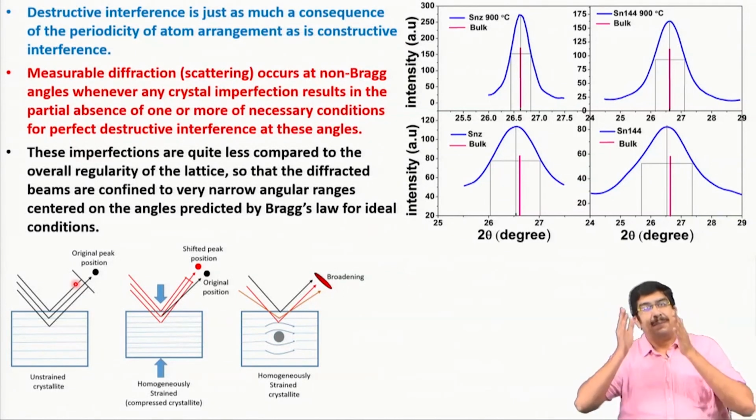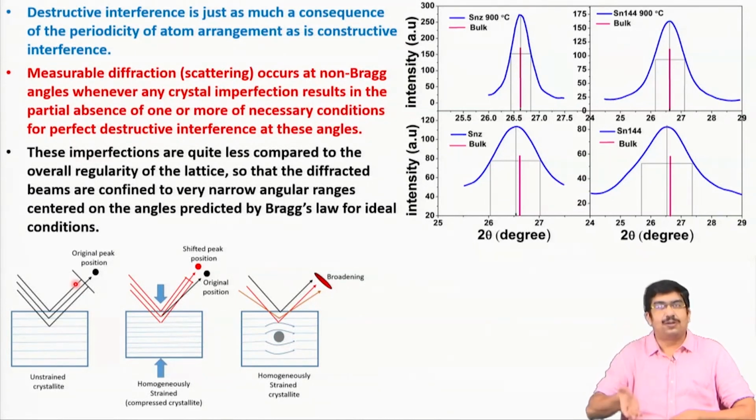But perfect destructive interference is also a consequence of periodic arrangement, so defects and imperfections will not take us there either. It will be somewhere in between, and what we will have is some diffraction or scattering, some intensity, at non-Bragg angles when a crystal imperfection is present within the material.